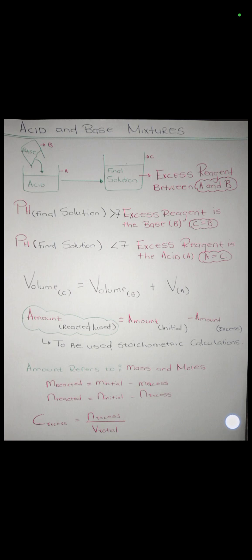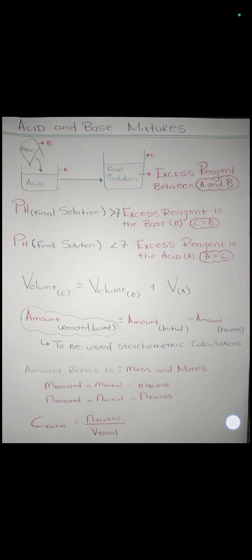We always use the reacted amount or the used amount, okay? So that is why it is important that you always subtract from the initial, taking away the excess amount, because this is the value that we use in stoichiometric calculations using the mole ratio. We use the change, not the initial, not the excess.